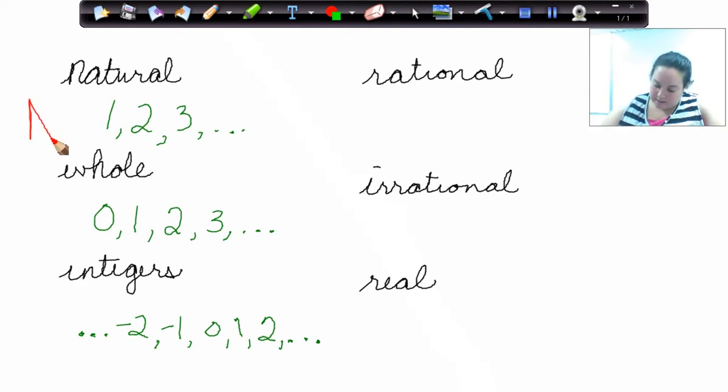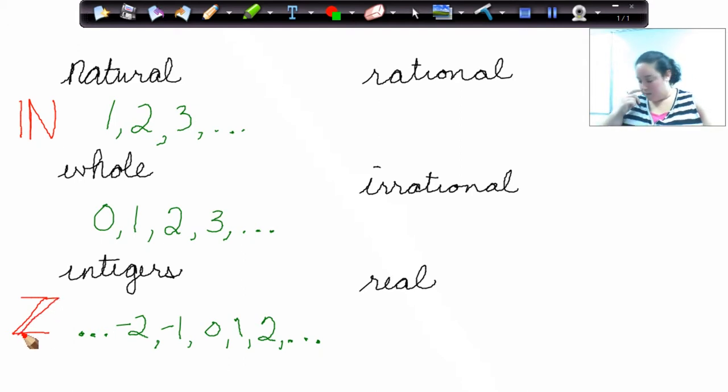There isn't a symbol for the whole numbers, but there is one for the integers. For the integers, we use a blackboard bold Z, which similarly is just a Z with an extra line in it.